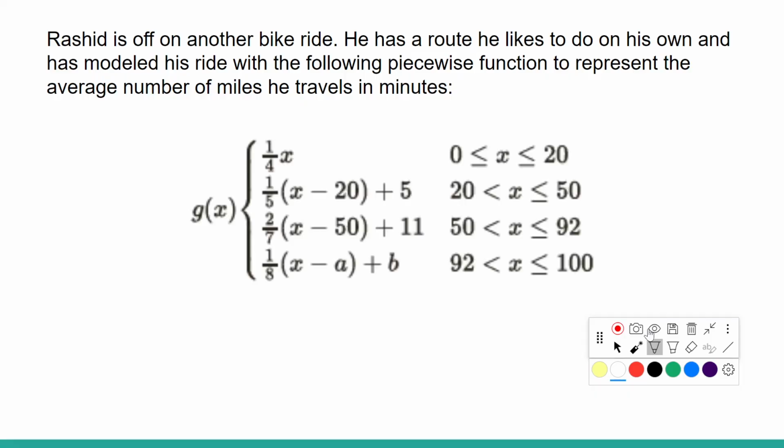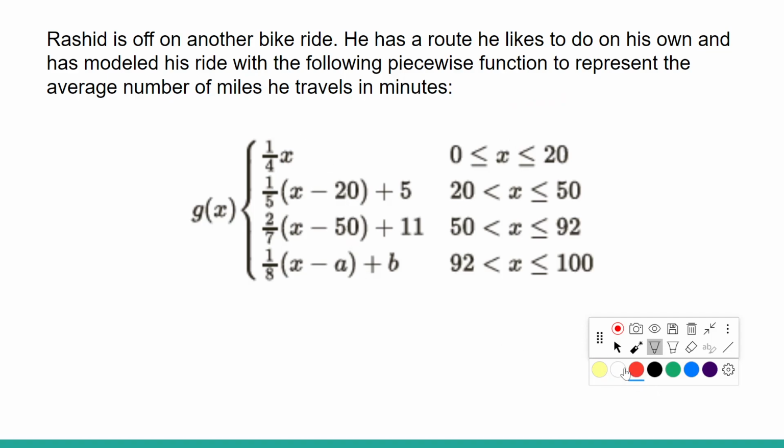So we're still talking about Rashid, and he is off on another bike ride. He has a route that he likes to do on his own and has modeled his ride with the following piecewise function to represent the average number of miles he travels in minutes. So we have 4 segments of his ride with different intervals. So the function is representing miles.